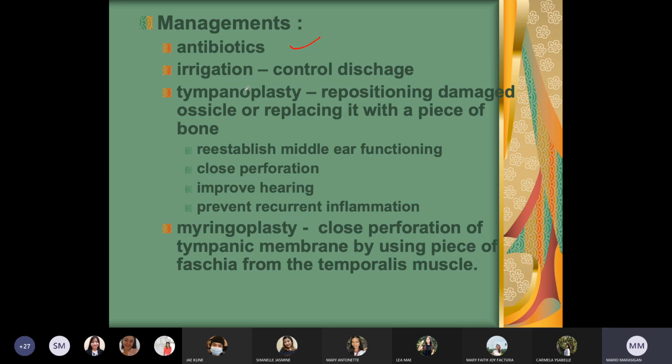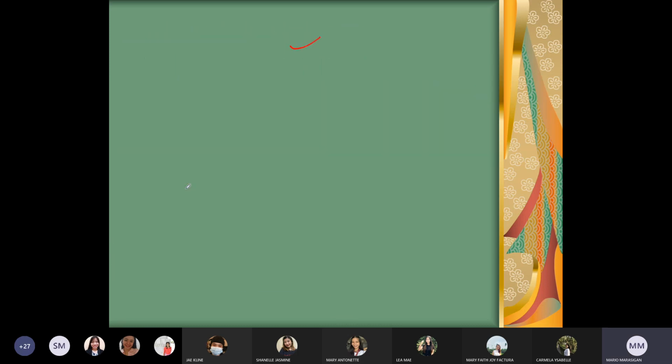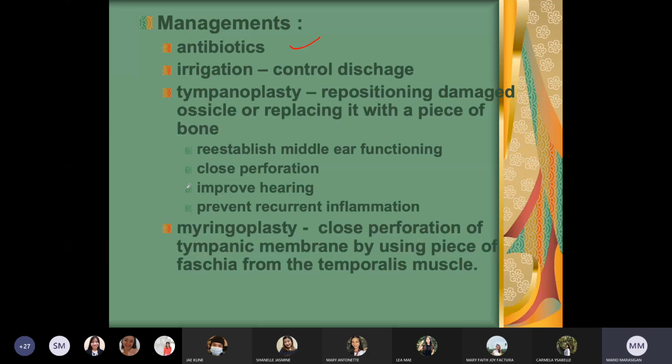Tympanoplasty, since butas na talaga siya. Lalo na kung pag tinanggal mo ito, cholesteatoma, mag-iiwan niya ng malaking butas. Yung cyst. So, kailangan mong takpan yun. Kailangan mong i-repair.